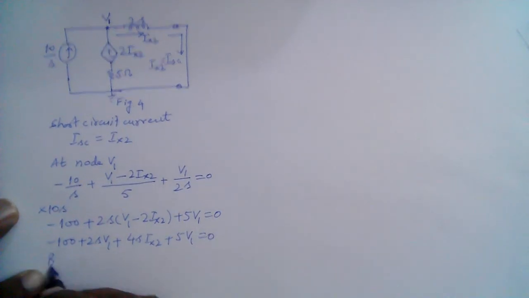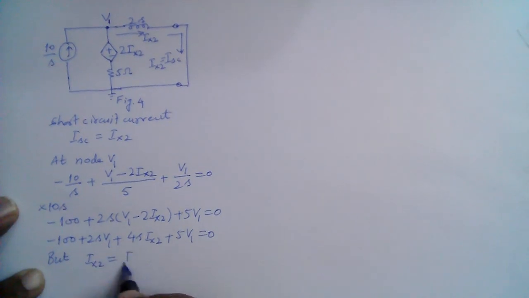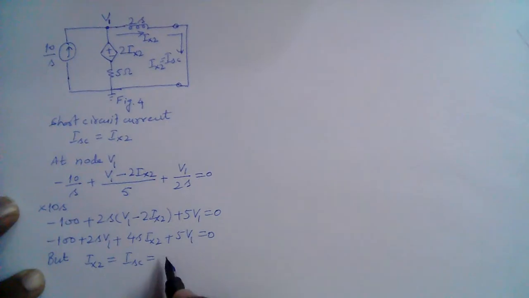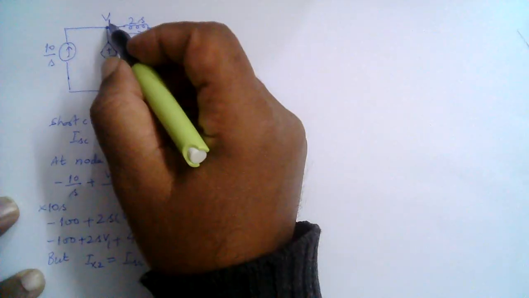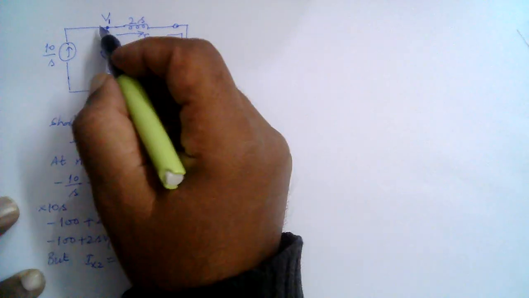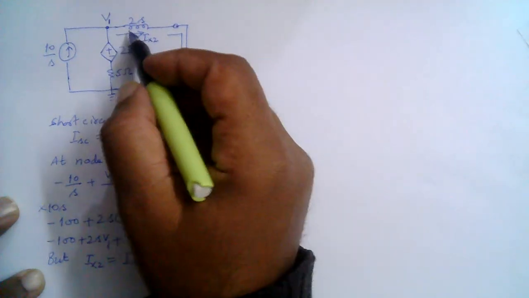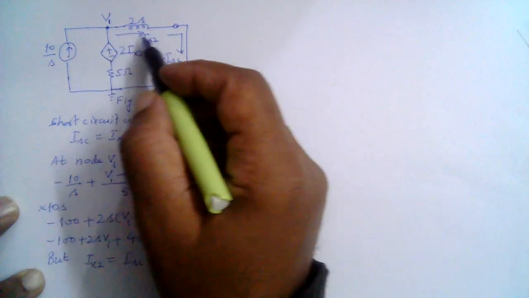But Ix2 is equal to ISC, short circuit current, and that is equal to V1 over 2S. This V1 is the voltage across this branch, and this V1 is the voltage across this entire branch. And the impedance of this entire branch is only 2S. So V1 divided by 2S gives the current through this branch, which is Ix2 or ISC.